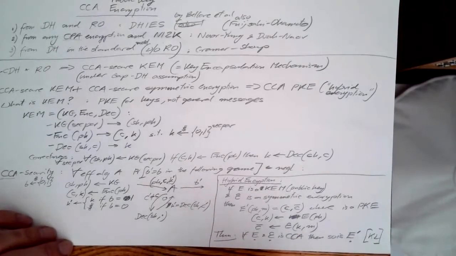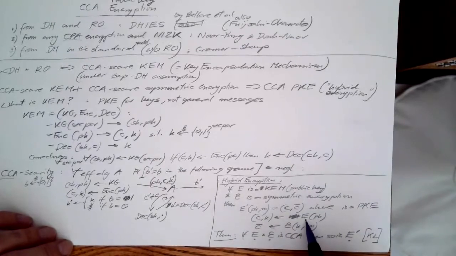There's not so much happening here. It's a standard proof by games where we modify the security game of the public key encryption piece by piece, at different game moves, replacing either the action of the KEM or the action of the symmetric encryption.